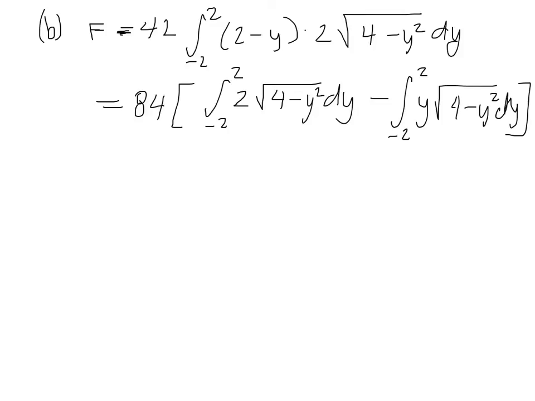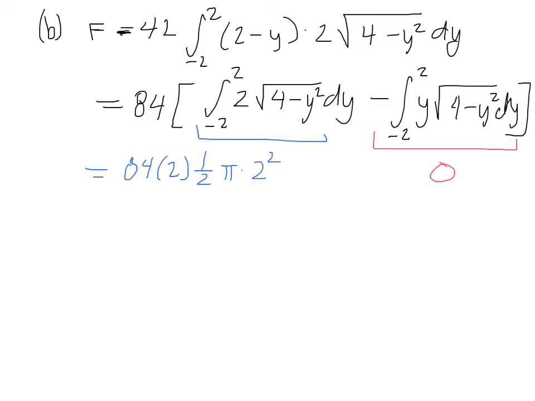Now this second integral, because of having a symmetric interval and an odd function, is 0. The first one is now a semicircle of radius 2, because the integral going from -2 to 2 is the semicircle, not the quarter circle. So I have 84 multiplied by 2 multiplied by 1/2 pi r squared, so 1/2 pi times 2 squared.